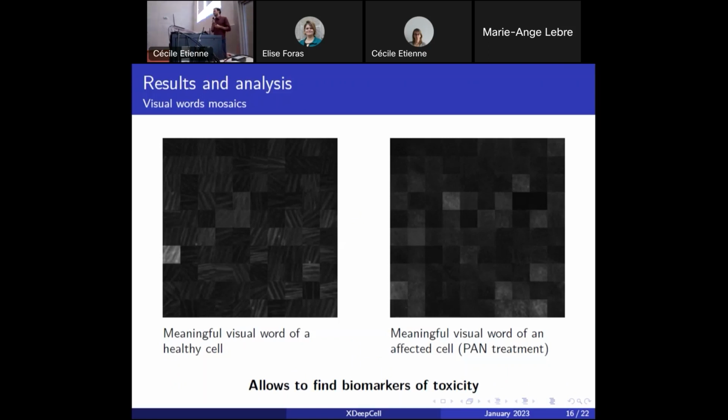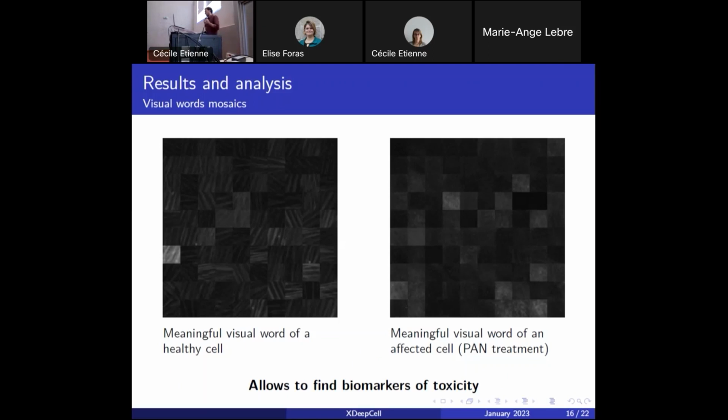It was depolymerized by the PAN, and as I said in the introduction, if the actin is modified, we probably have a modification of the structure of the cell, and thus a modification of the renal function.